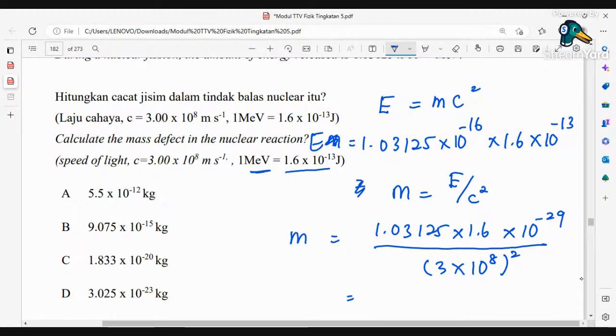I think the value given is wrong already. But you try and see, check the value of 1 mega eV. So the answer should be C. Check.